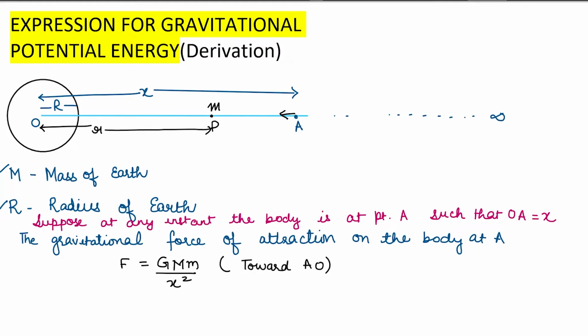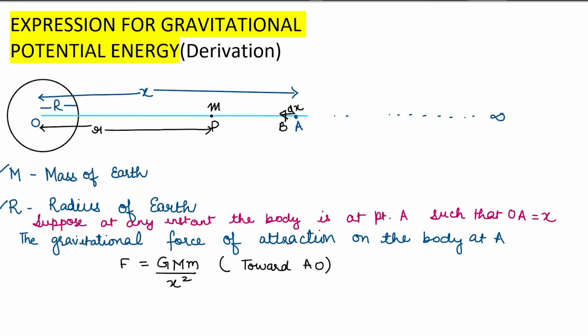Let us say that under the action of this force there is an elementary displacement dx, that is, the body moves from point A to point B, and during this displacement the value of force is nearly constant.